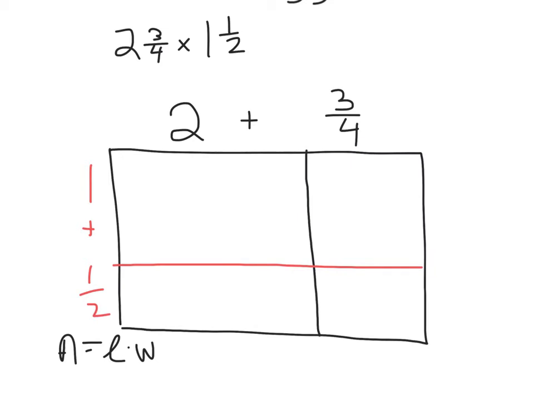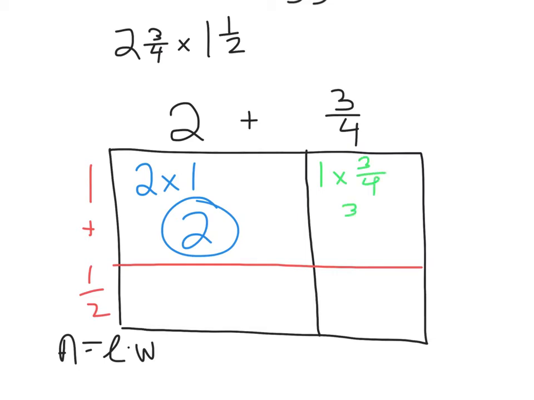So what I like to do then is just multiply and find the area of each part. So for example, the area of this piece is just 2 times 1, or 2 whole units. Then if I move to the right, this one becomes 1 times 3/4, or a value of 3/4.